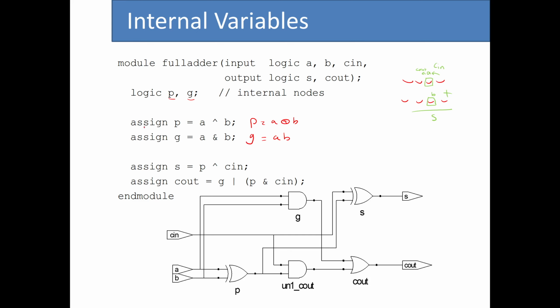And then we use these internal variables to do the rest of the calculations and find out the values for S and C out. Of course, for this example, this is very simple. You could have done it without defining these internal nodes as well, because the function itself is not that complicated, right? But still, it's a good example for you to see.